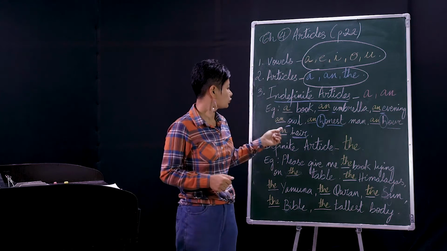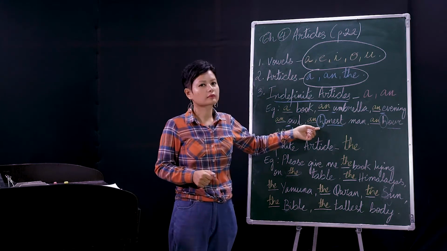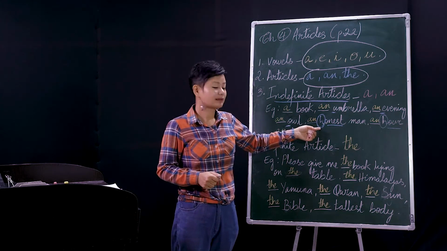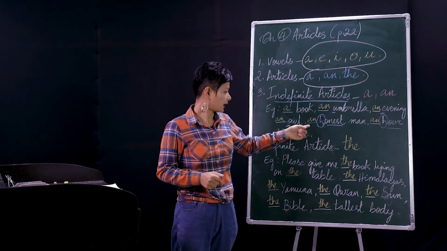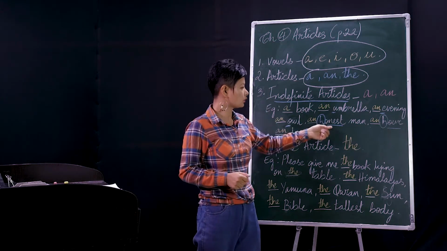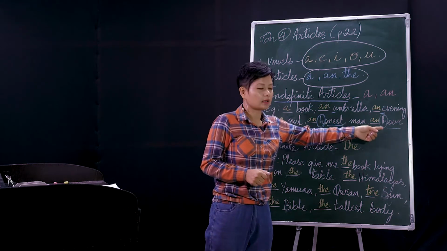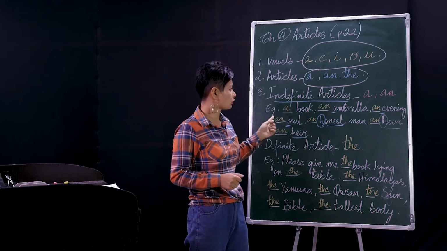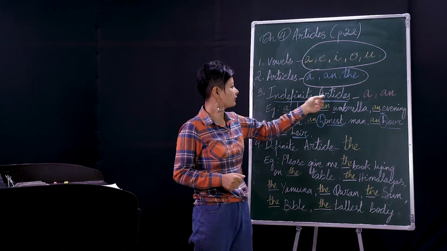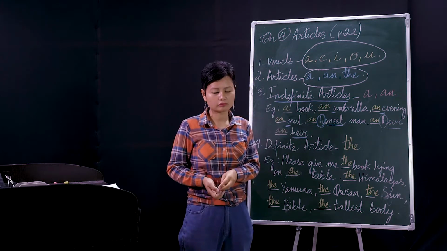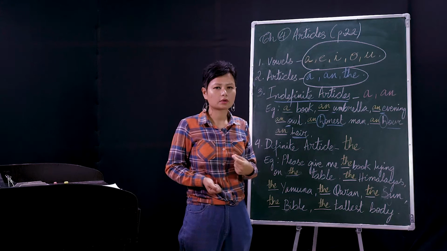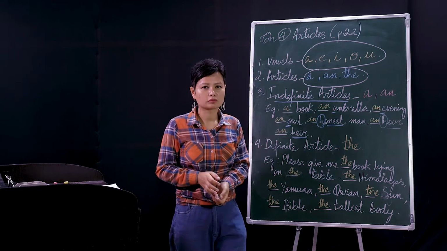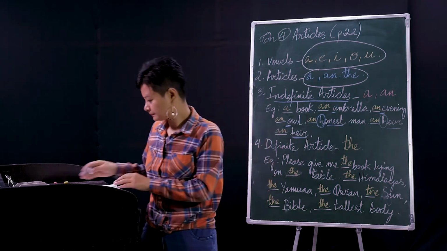And for the third one, sometimes if the consonant letter is silent, then we can put an, like in an honest man, an hour, an heir, right? So those are the three rules for indefinite articles. If you understand these rules, then when you're doing the exercises, you will be more clear, right?